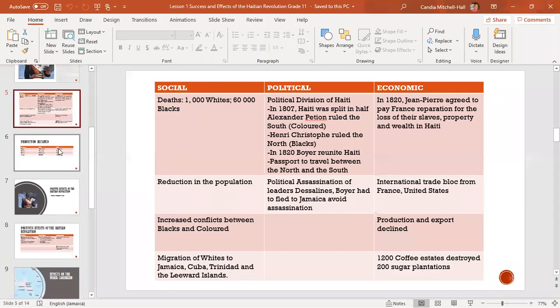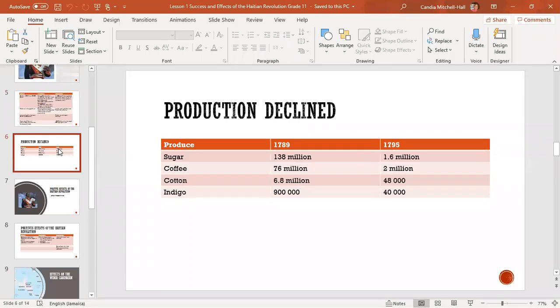Now, I'm going to show you how production declined. Before the revolution started, when? The Haitian Revolution started in which year? 1781. 1781, you sure? Anyone else? 1791. Yes, 1791.